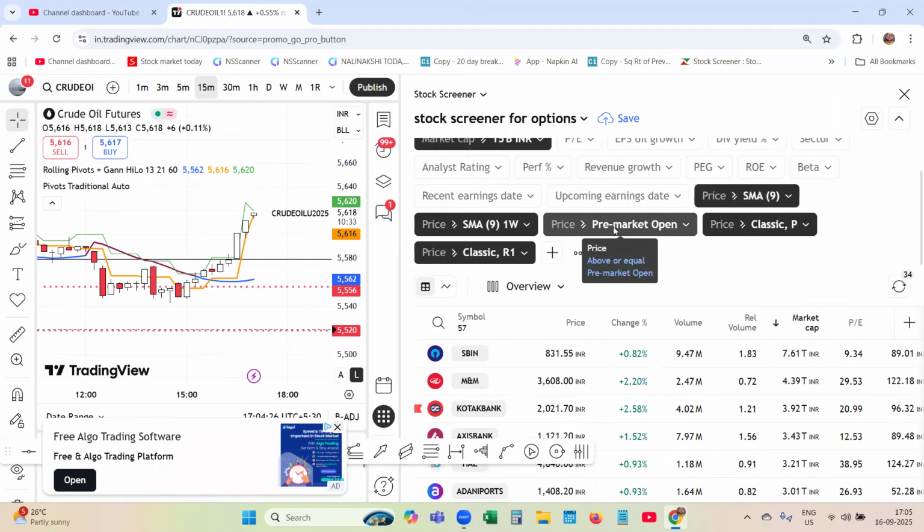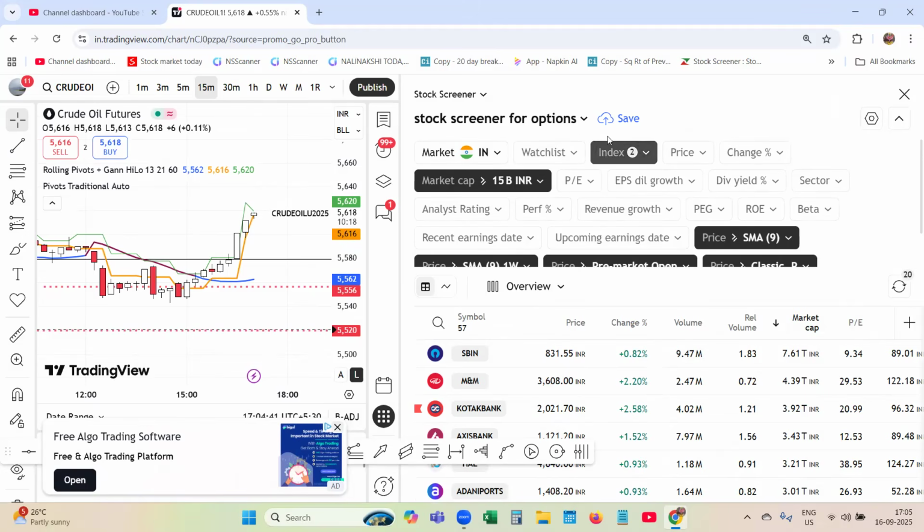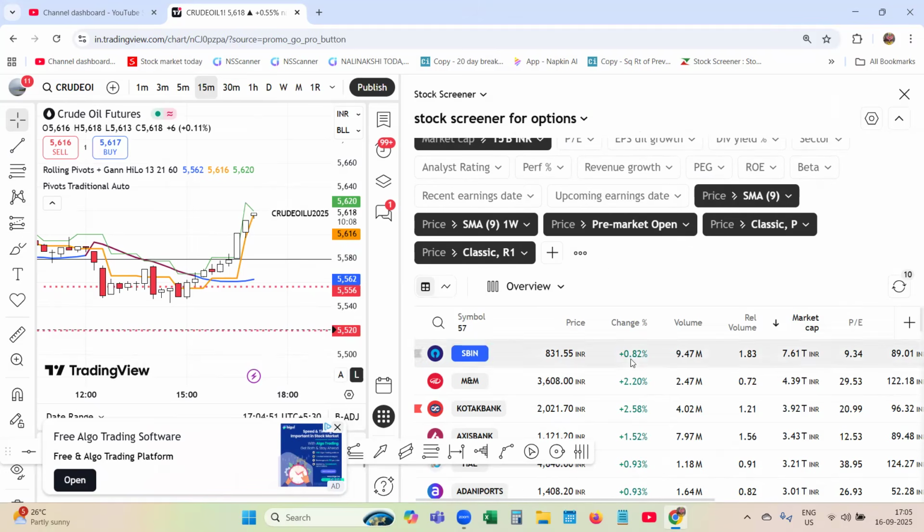Price should be above the pre-market open because I'm trading intraday, and price above the classic pivot and the classic R1. After creating the stock screener for options, I'm saving this. Once I've saved, I'm getting all these things.